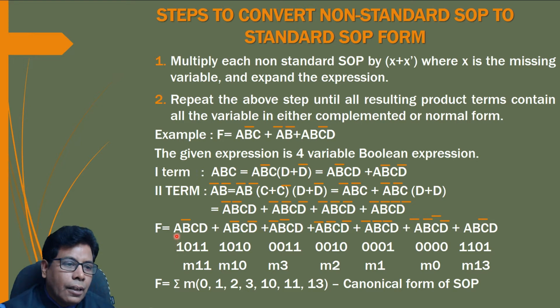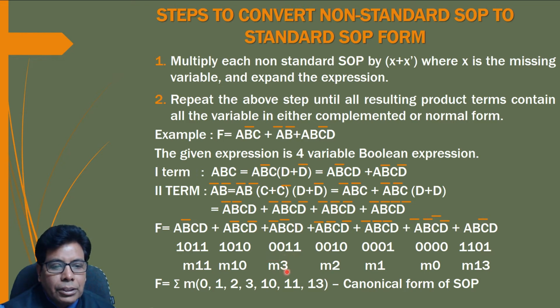So this is a, so we take it as 1, b bar we represent with 0, then c 1, d 1. So this will be 1 0 1 1. That represents M11, minterm 11. Then a b bar c d bar, so 1 0 1 0. That is representing M10. Then a bar b bar c d, that is 0 0 1 1.